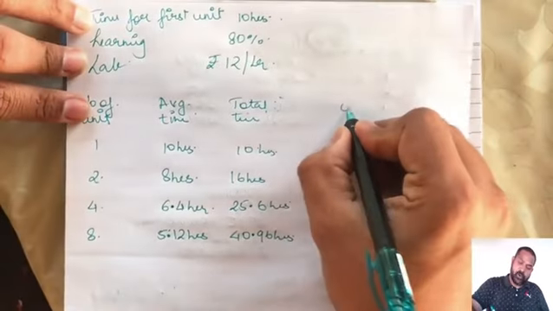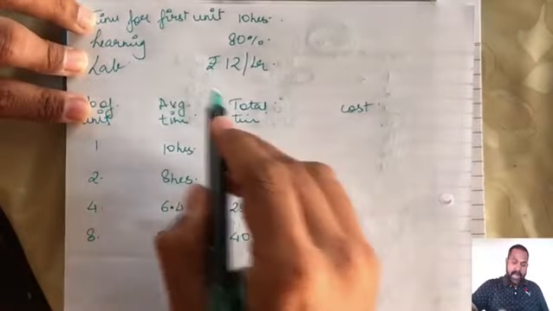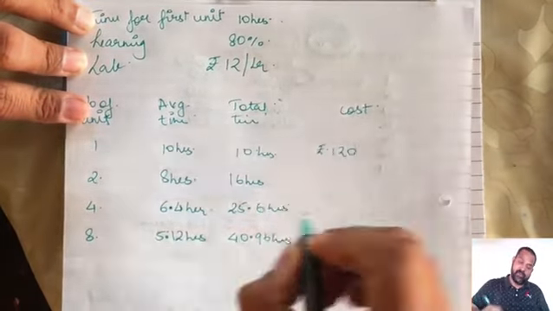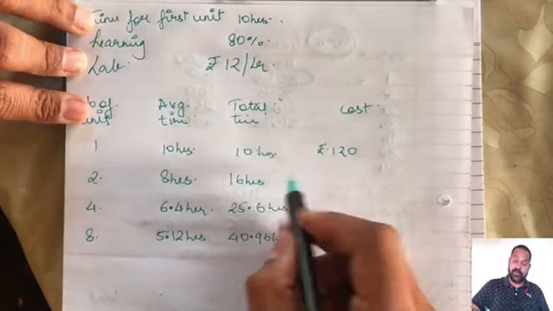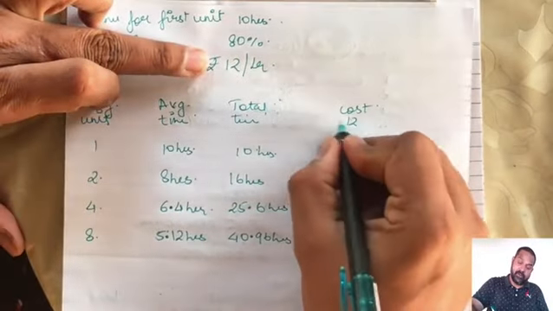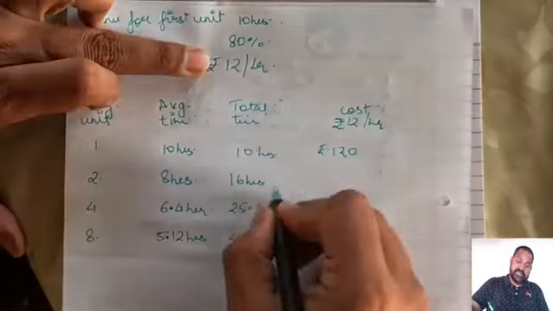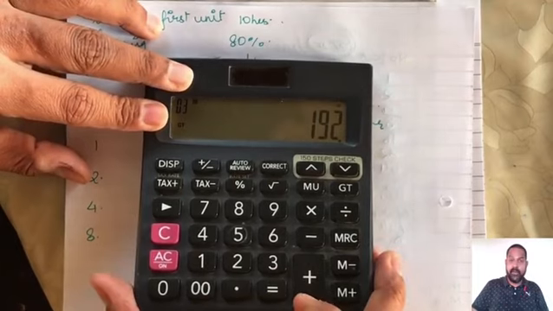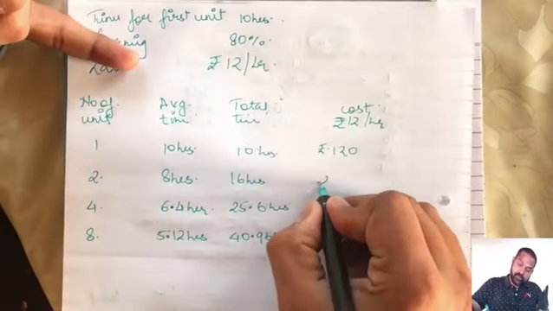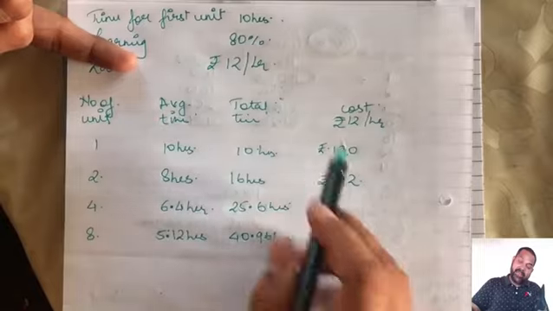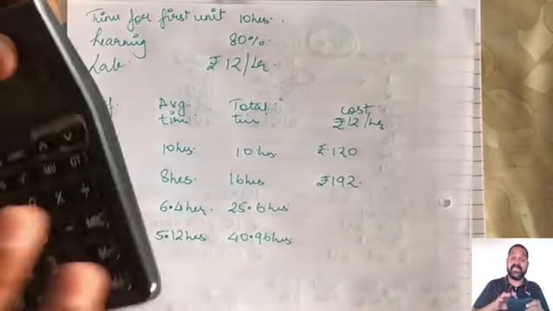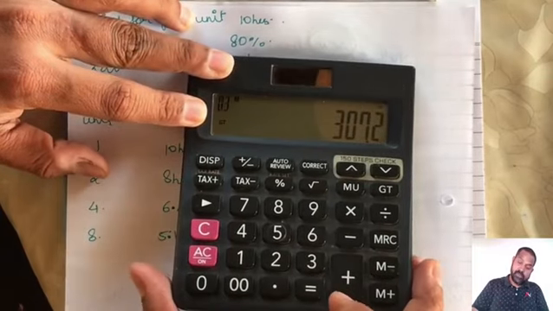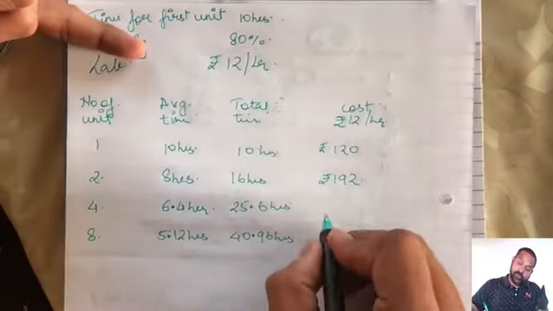What do you want me to find? Cost, no? At 12 rupees per hour for 10 hours, I am going to charge you 120 rupees. For 16 hours, 16 into 12 is 192 rupees. For 25.6 hours, I am going to charge you 307.2 rupees.